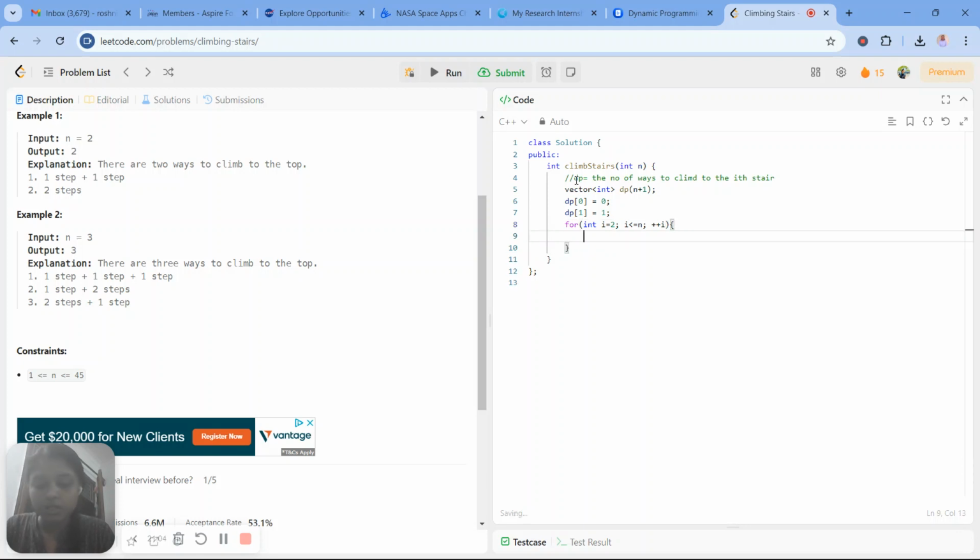Then dp[i] will be equal to dp[i minus 1] plus dp[i minus 2]. And then we will return dp[n], the number of ways.